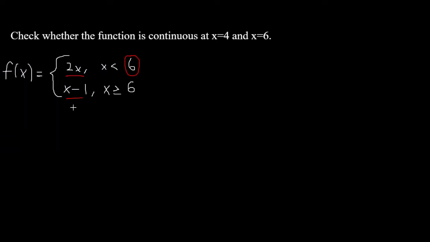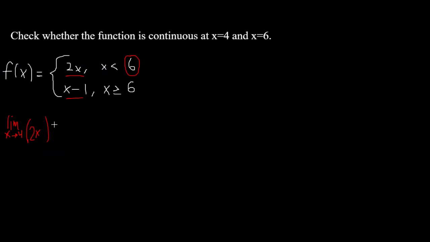First off, we want to find the limit as x approaches 4. Since this is a piecewise function, we want to pick the function that fits our criteria. So if x equals 4, we have to pick the function f of x equals 2x. So we have to find the limit of 2x as x approaches 4.